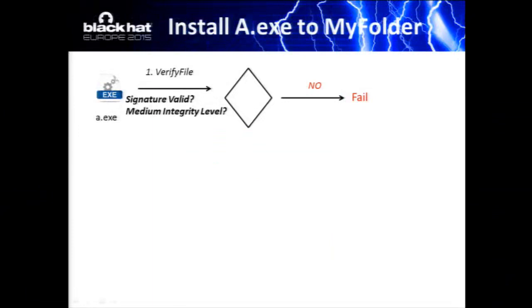Your file must have a valid signature, otherwise the verify file step will fail. It also checks that the file you are trying to install is from a folder which is not low integrity level. You must at least have this file in a medium integrity level folder. Otherwise, it will also fail.